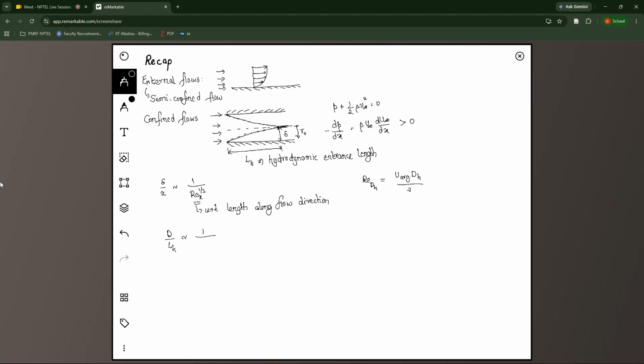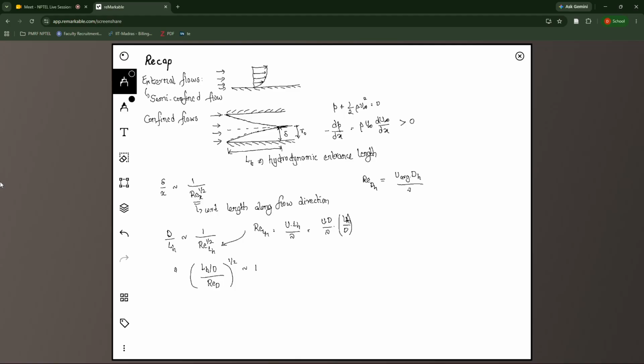That would scale as Re times, instead of x, we'll be having LH to the power half, where Re_LH is given by u times some velocity scale times LH by nu, which we can rewrite as u times d by nu times LH by d, and we can substitute this back here, and from this we can get a relation which states that LH by d, divided by Re_d to the power half, will scale as of order 1.